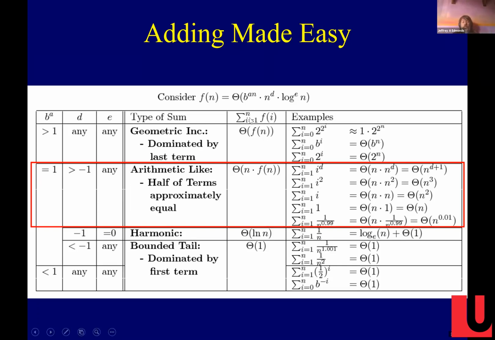Here we want to know what is f of 1 plus f of 2 plus f of 3. Well, the one example that we gave in class is where f is just linear. We're adding up 1 plus 2 plus 3, and that's big O of n squared, right?